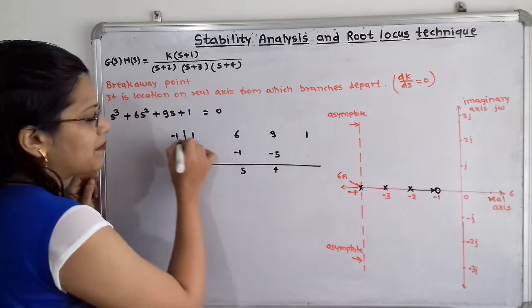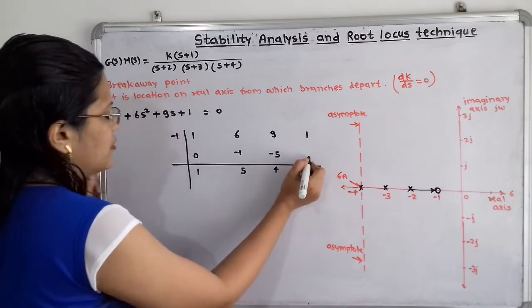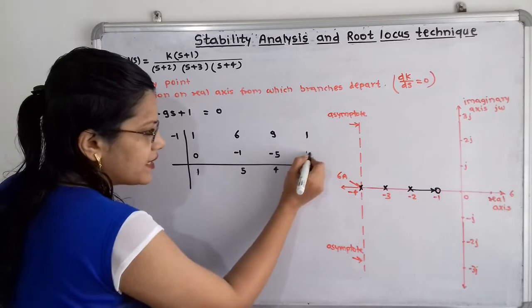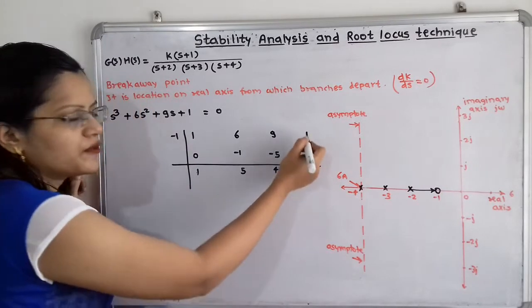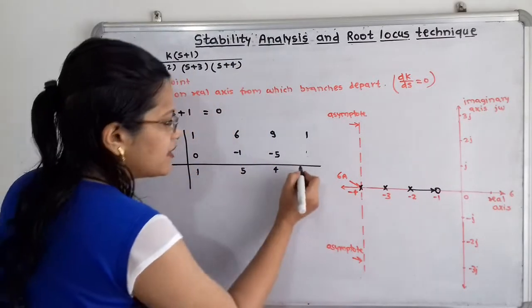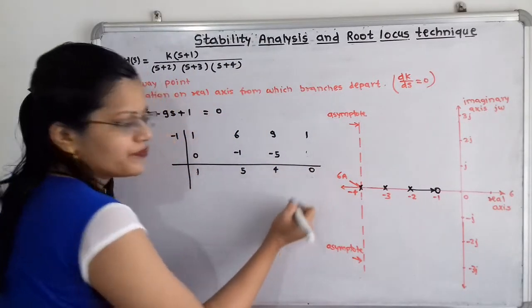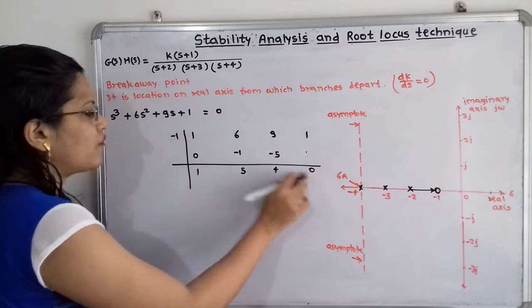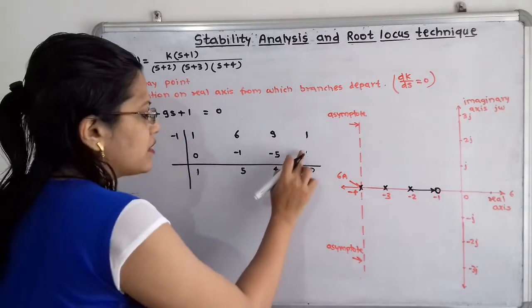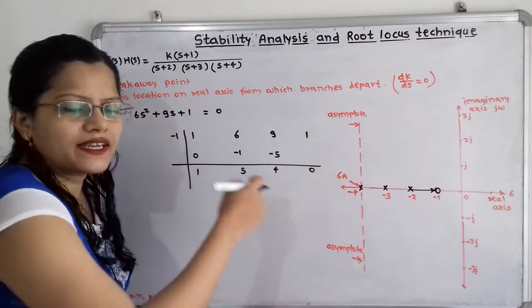And 4 multiplied by minus 1, that is minus 4. So if I take here minus 4, then minus 4 plus 1, that is minus 3. But here the required value is 0. So how to take 0? So for that we have to change the number. Now here minus 4 plus 1, that is minus 3.